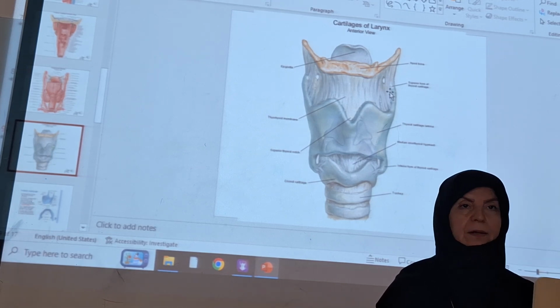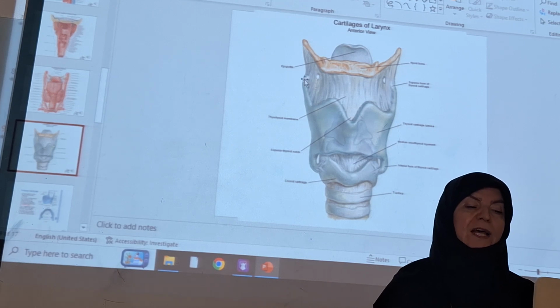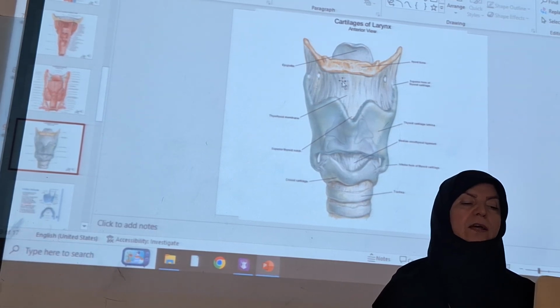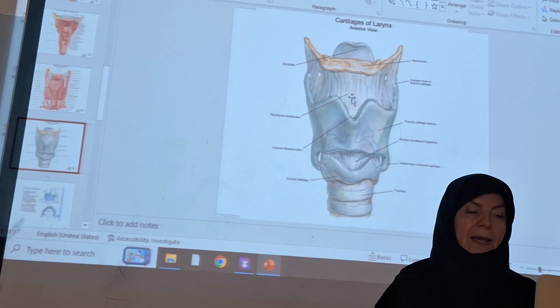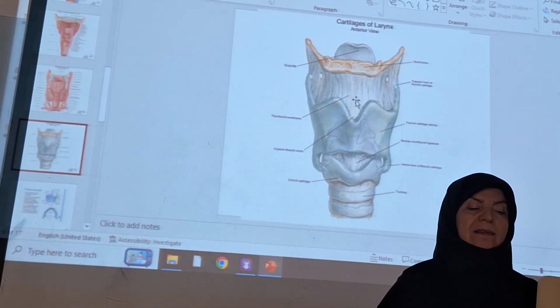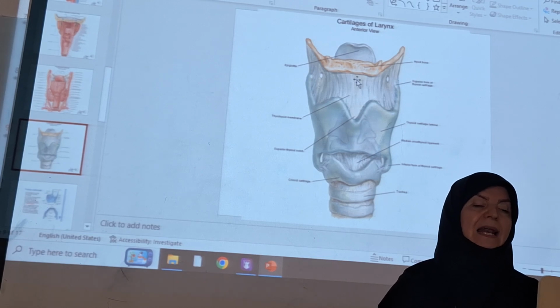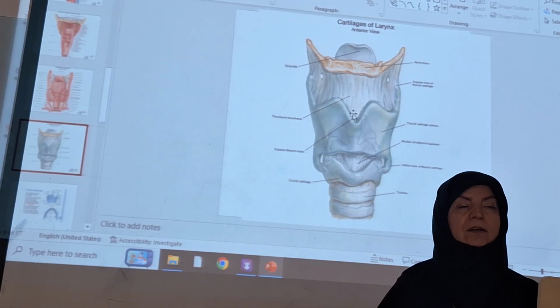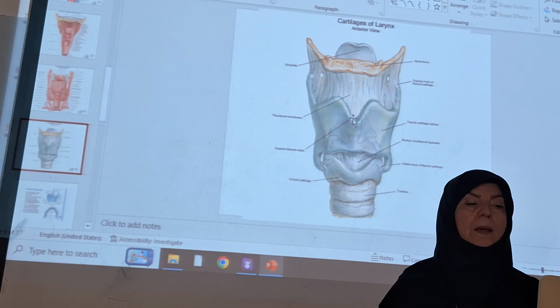If you look at the thyrohyoid membrane, in the median part, the central part, it is going to get dense and make a ligament that we can call the median thyrohyoid ligament.